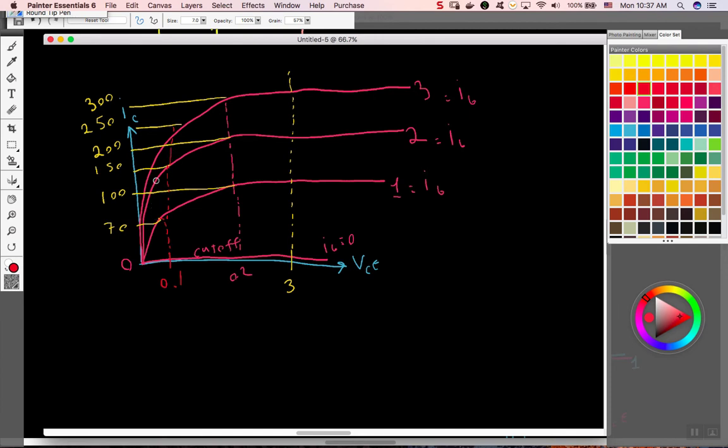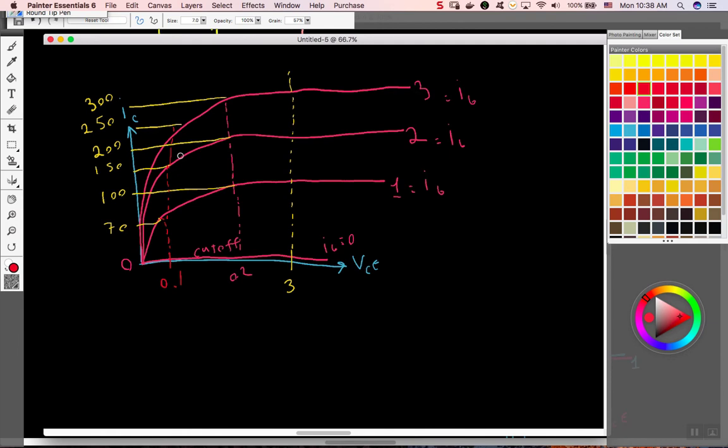And again, I draw 3 graphs for 3 different values of IB at the same time, but in reality, IB can only take one value at a time. The drawing of the 3 graphs is to say, what if IB was 1, we see this. If IB was 2, we see this. If IB was 3, we see this. But at a given time, IB cannot be 1, 2, and 3.